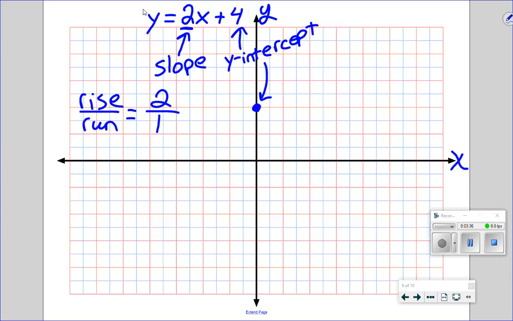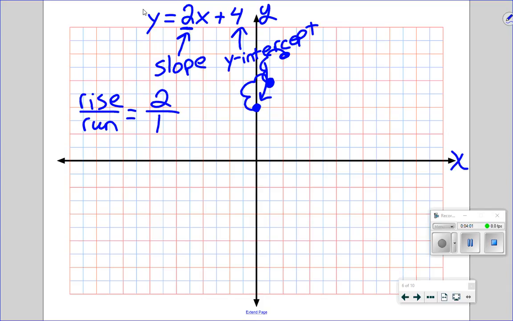That means we're going to go up 2 from this point and then over 1. And we can continue to do that to get more points, because that should be the same slope, the same kind of incline, no matter what 2 points I go between. So if I want to start at this point right here and go up 2 over 1, I would land right there.